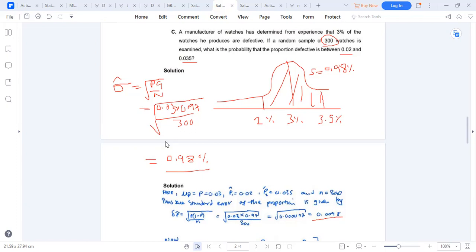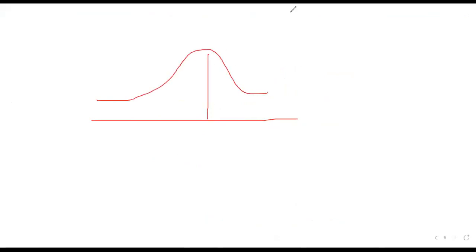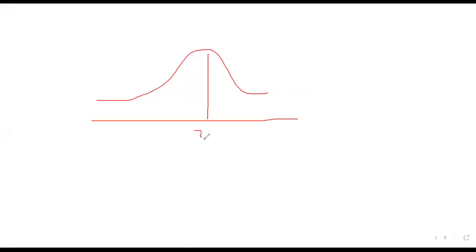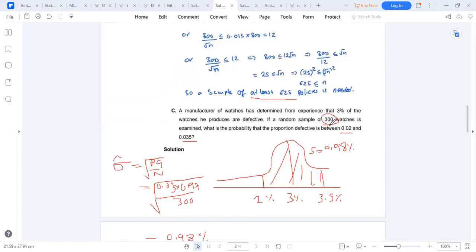Okay, thank you. So now are we together on the 0.98%? Yes. So let me go through the question now again. This question was tough, but I've simplified it the Collins way. So a manufacturer has determined that 3% of the watches are defective. So our mean is what? 3%. Are we together? Then we are also told that a random sample of 300 watches is examined and the proportion defective is between 0.2 and 0.35.